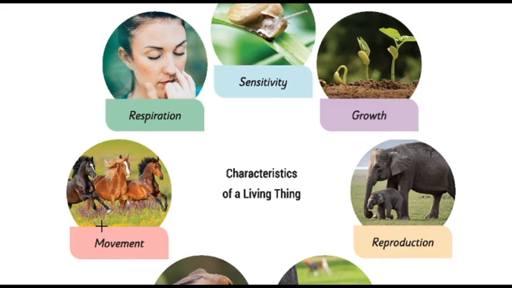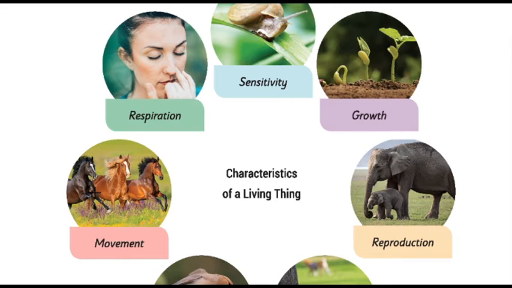And the fifth one, I'm sorry, the fourth one is movement. If I keep the table here, only if I move it will the table move, otherwise it will stay in the same place. If I keep a tumbler here, it will not move. It will be there itself.